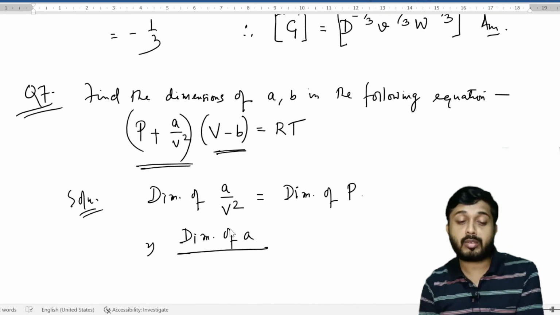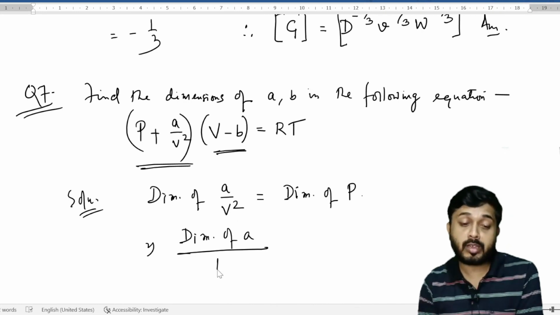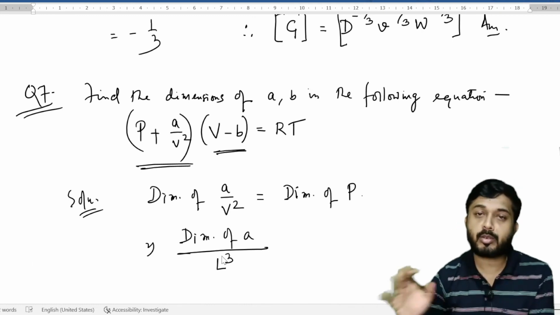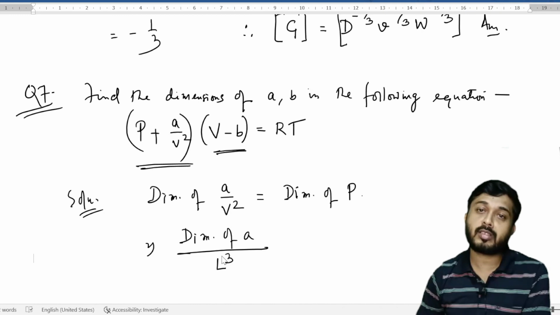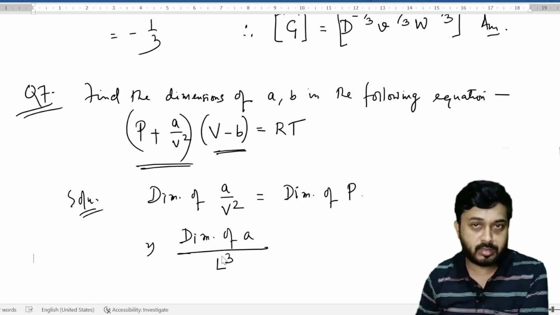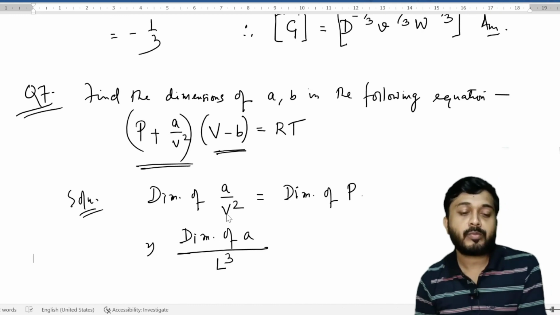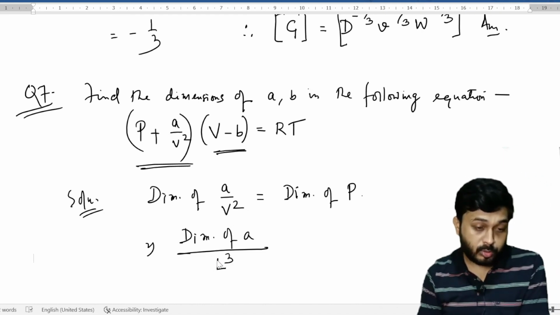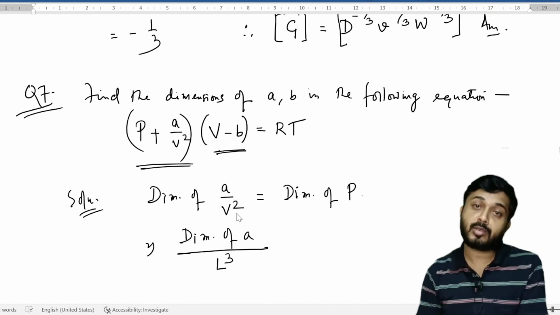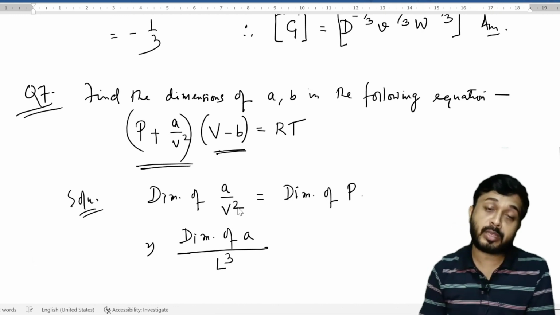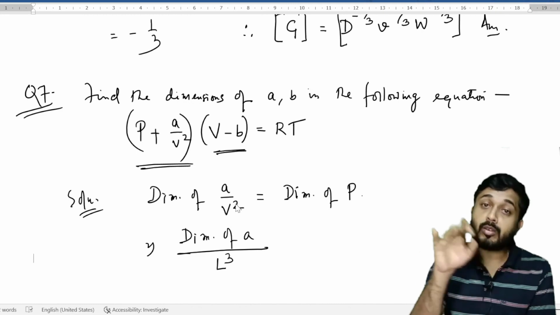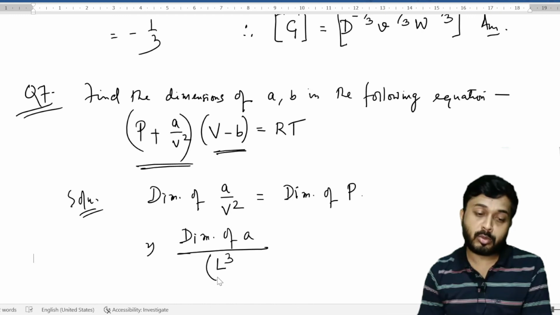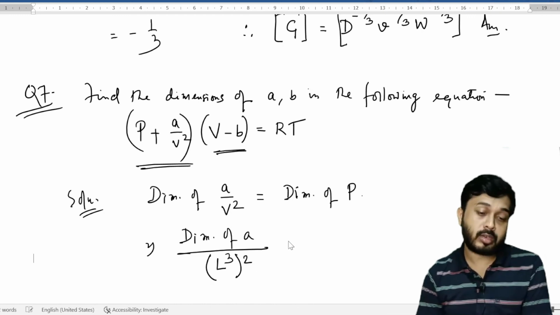In place of dimensions of volume, am I able to write L cube? Volume is nothing but L cube, isn't it? Length into breadth into height. These three are actually three different lengths. So L cube is the dimensions for volume. For dimensions of V square, that is dimension of V whole square, and dimension of V is L cube. So dimension of V whole square is L cube whole square, isn't it?